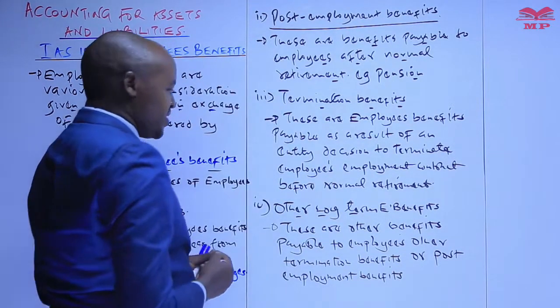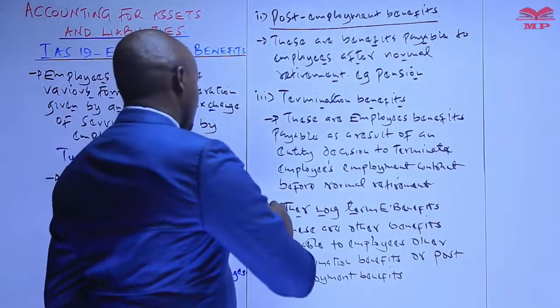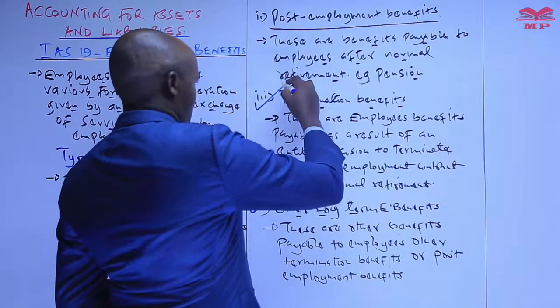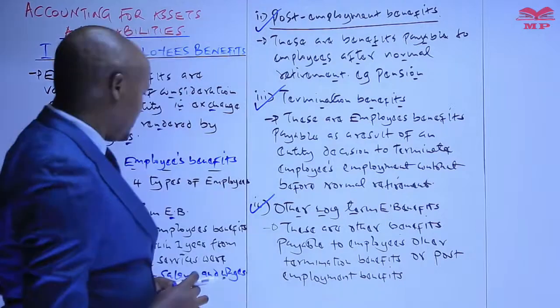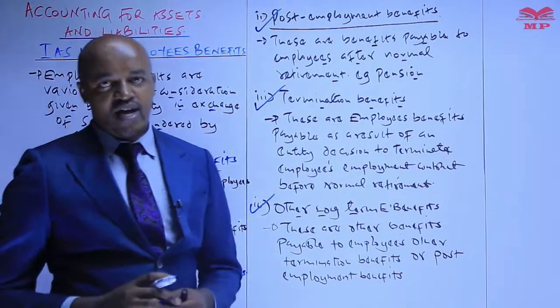So in that particular case, it is important to note that we have those 4 types of employee benefit: the other long-term employee benefit, the termination benefit, the post-employment benefit, and then we have the short-term employee benefit.